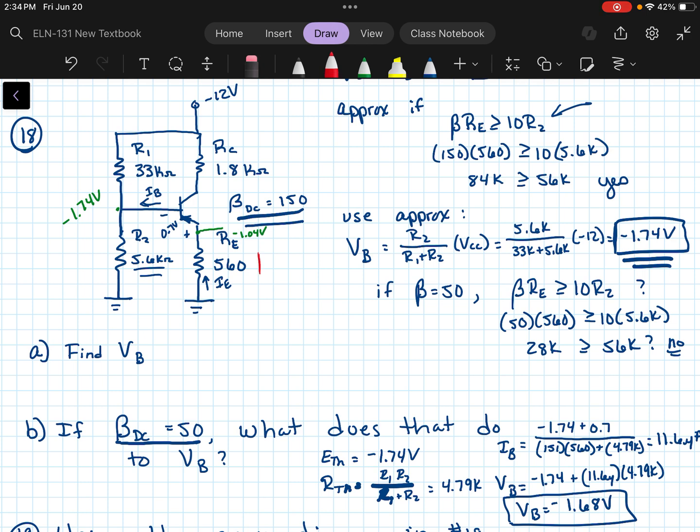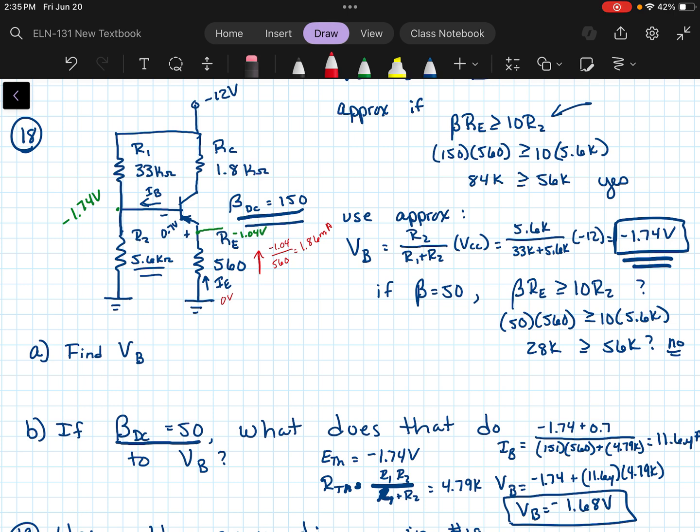So if we're looking for our current, we have 0 volts on this side and negative 1.04 volts on the other side. So our current here would be negative 1.04 over 560 ohms, or about 1.86 milliamps.